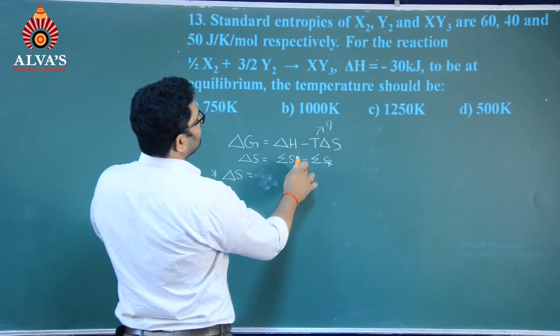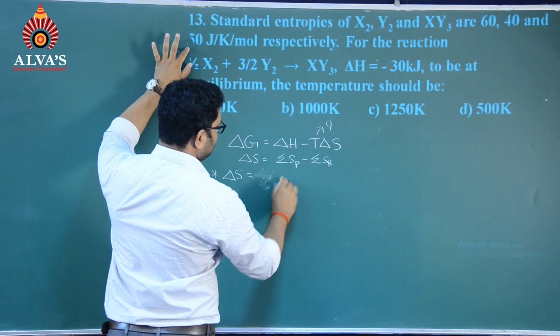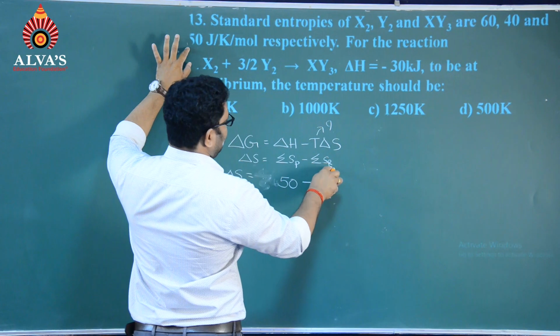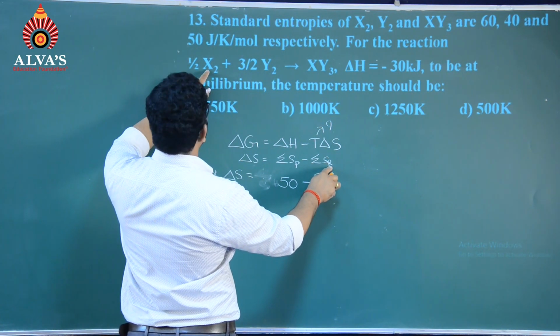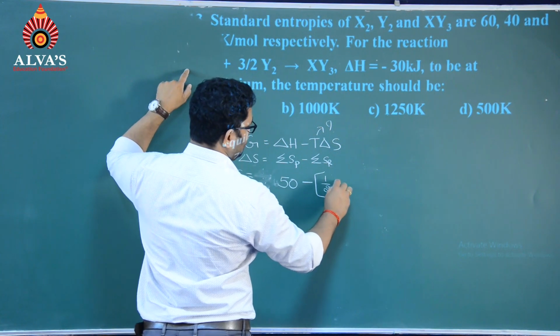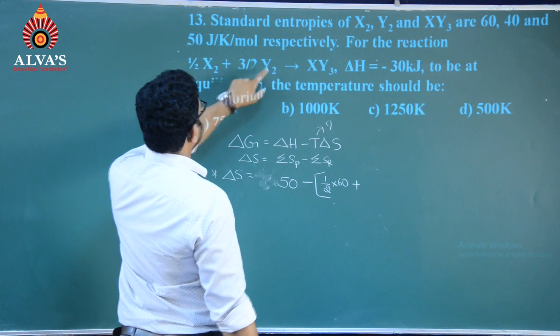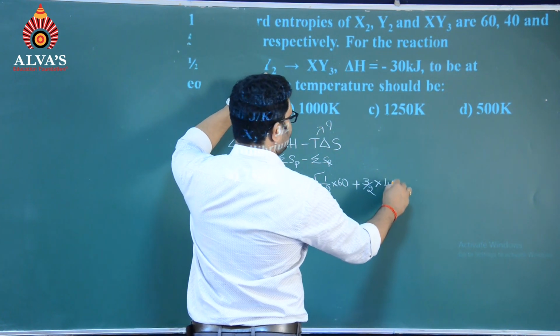Hence, product is XY3, its entropy is 50 minus entropy of reactants, that is X2 is 60, that is 1 by 2 into 60 plus we have Y2, that is 3 by 2 times, and its entropy is 40.